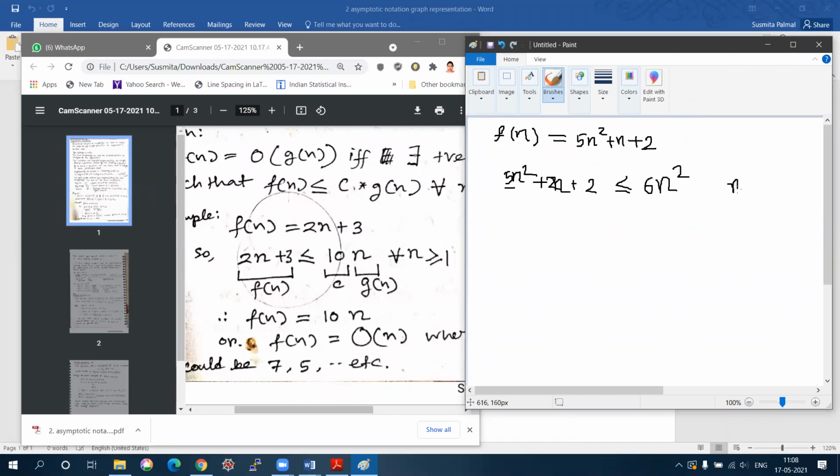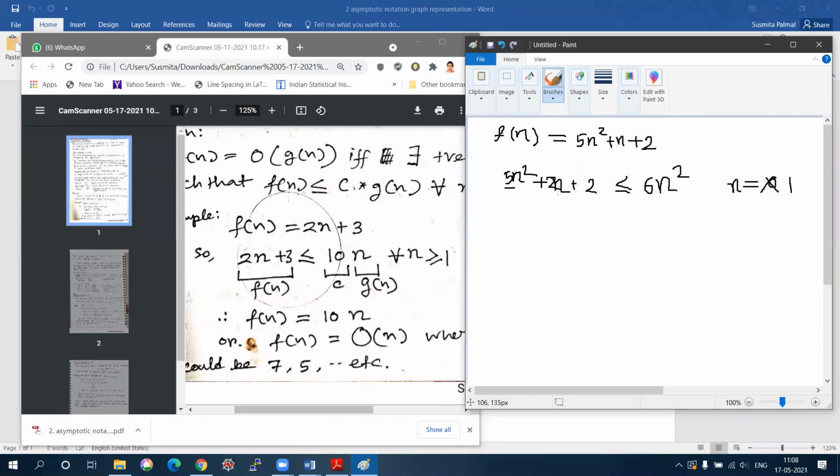If n equals 0, the left hand side is 2 and the right hand side is 0, so 0 will not work. If I take n equals 1, what will happen?